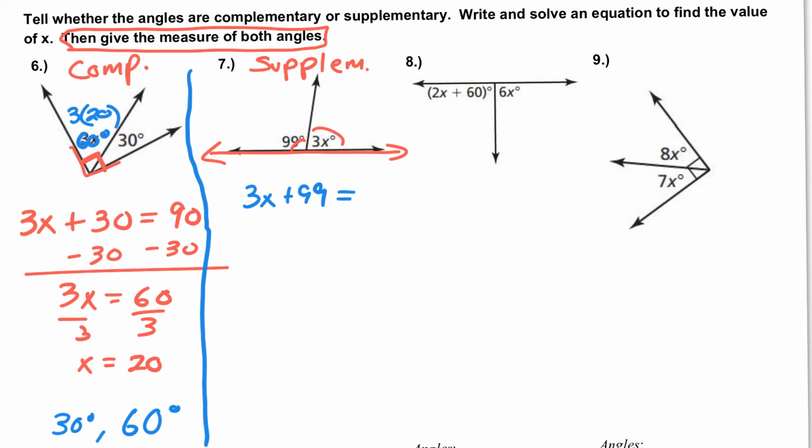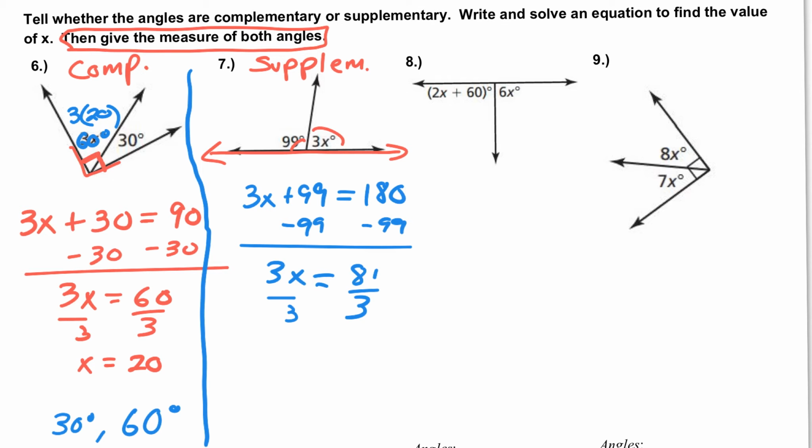And since supplementary means those have to equal 180 degrees when we add them up. So showing our steps to solve, we would be subtracting 99, which gives us 3x is equal to 81. And then we're going to divide both sides by 3. 81 divided by 3 means x is equal to 27.